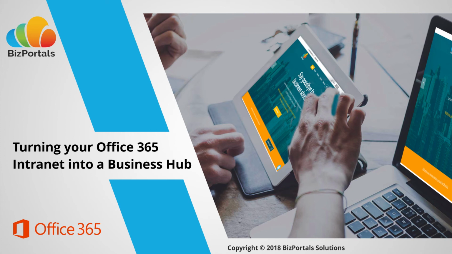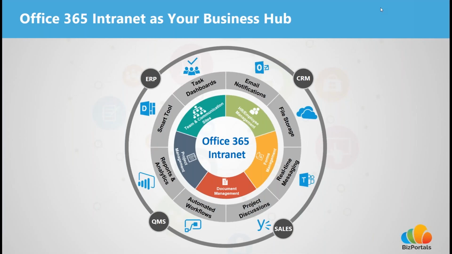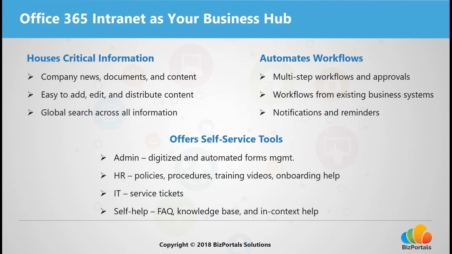Forms automation is a great way to digitize all your forms. That is the core of a lot of business operations, making sure that all your processes are automated. Document management and project management are two key areas that every organization really wants. With an Office 365 intranet, you can get all of these core functions of your business into one centralized platform, while also utilizing all the other tools and integrating it with your line of business systems. That's the key thing.